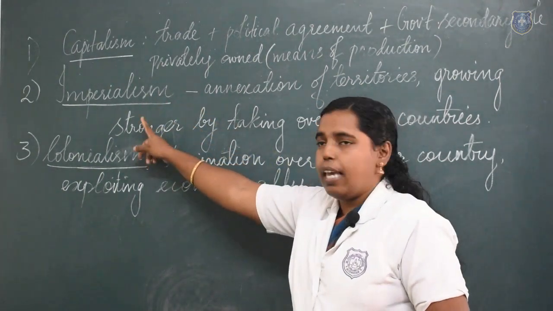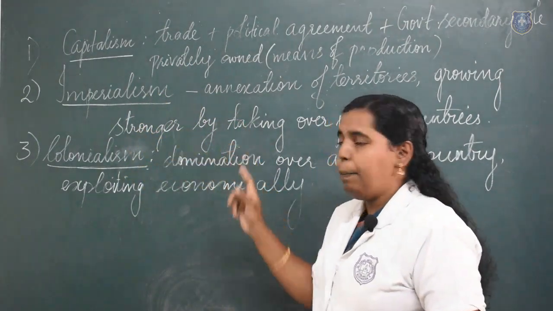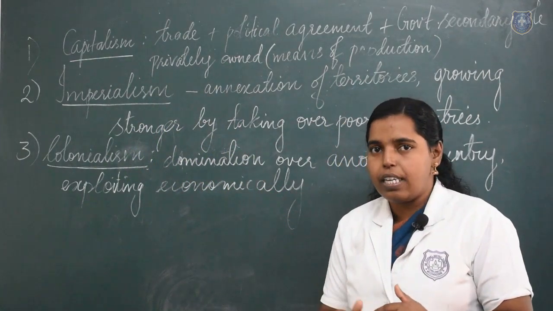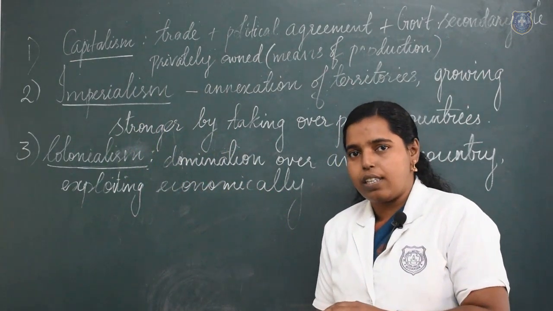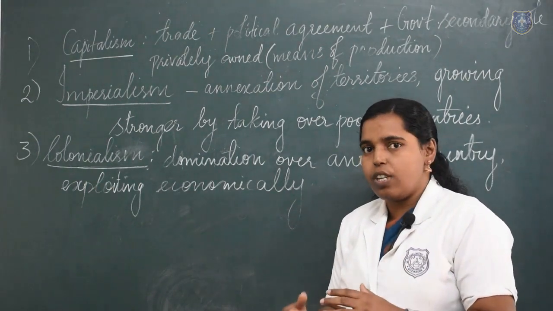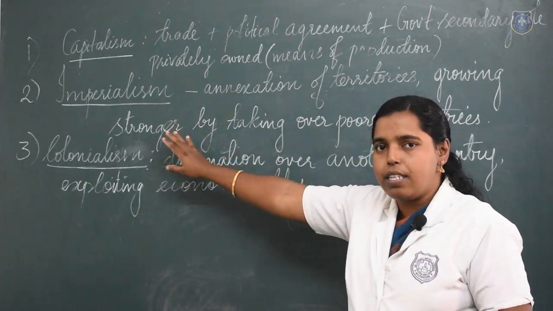The second term is imperialism. Imperialism is the annexation of another country, a poorer country, especially like Germany annexing another country like Serbia. This is called imperialism.